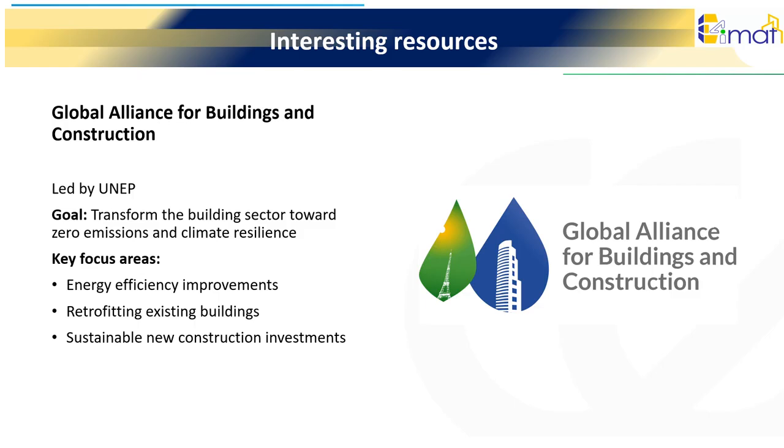Global ABC's main goal is to raise climate ambition by promoting policies that improve energy efficiency, retrofit existing buildings, and direct new investments towards sustainable construction. The Alliance also tracks progress through its annual reports and tools like the Global Building Climate Tracker, allowing us to measure advancements in decarbonizing the built environment.